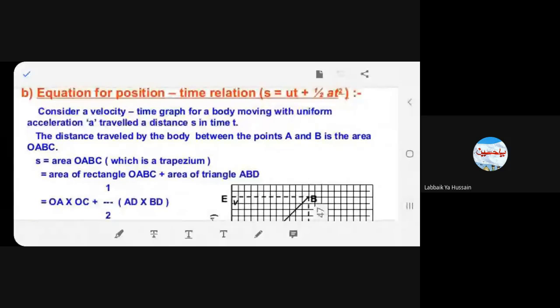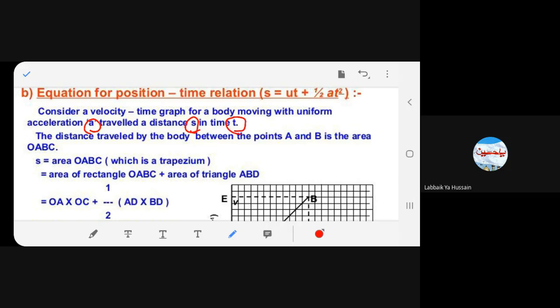Now we again take the same graph, velocity time graph, for a body moving with uniform acceleration. It's traveling a distance s in time t. Here we are not using much of the change in velocity, but we are using the uniform acceleration a, then distance s and time t.